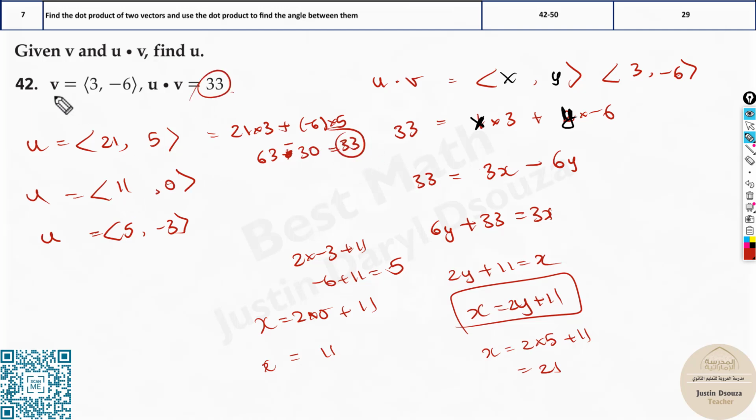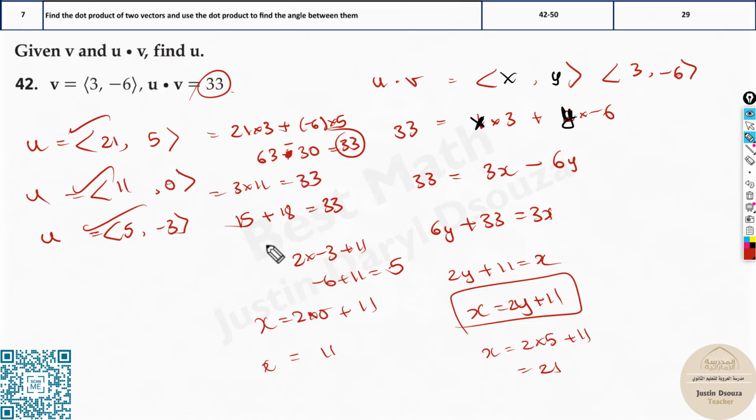Yes. Now what about this one? Here let's do the same thing. It'll be 3 times 11 plus 6 times 0 will be 0. So 3 times 11 is again 33. Let's do the other one. It'll be 5 times 3 is 15. Minus and minus, plus 18. So again it's 15 plus 18, it's 33. So all these are the possible answers. So this is the reason this is correct, correct, correct.